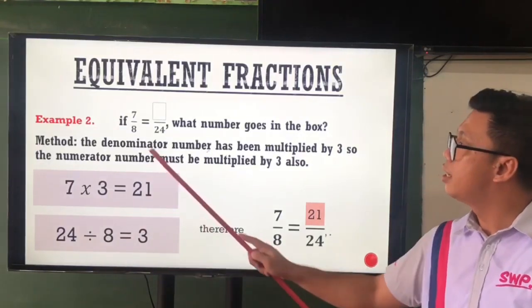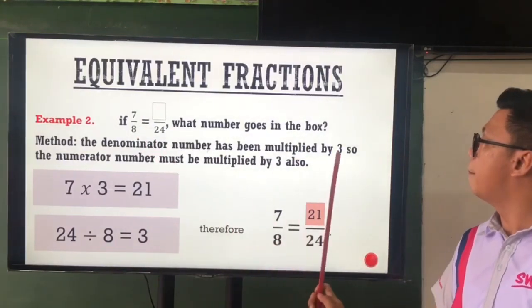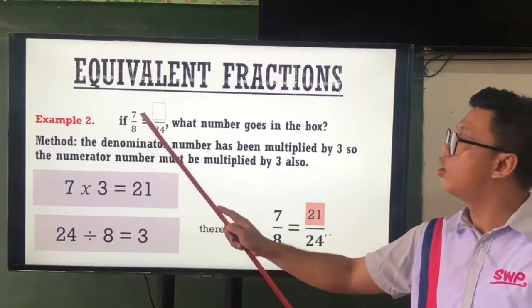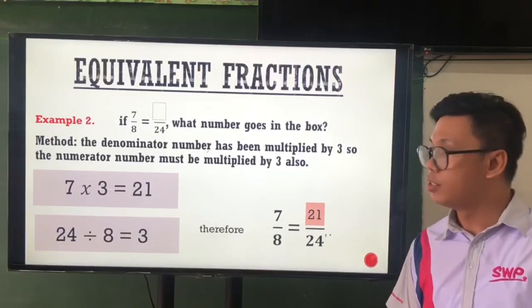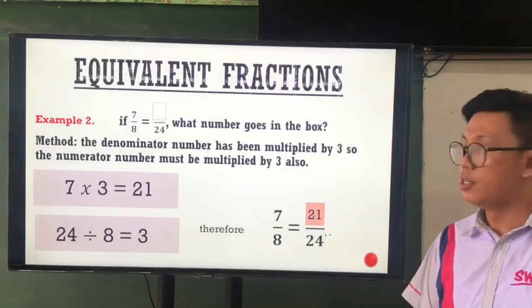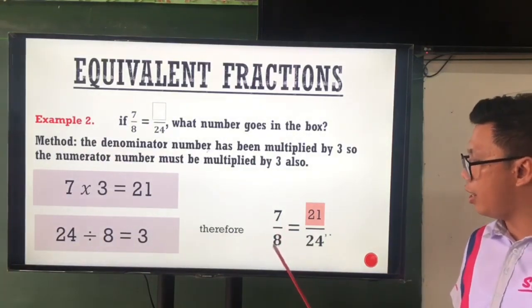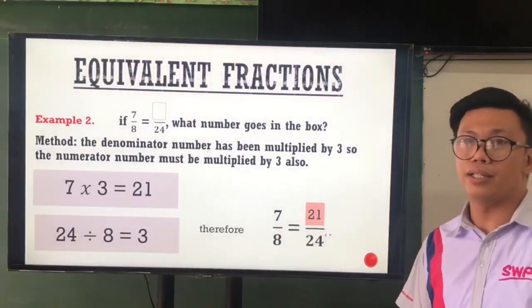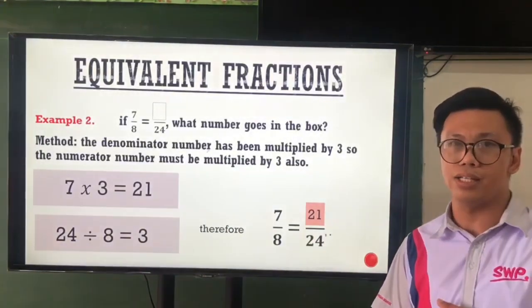So the denominator 8 is multiplied by 3, and it's the same for 7, so you multiply by 3 also. 7 times 3 is 21. Therefore, 7 over 8 equals 21 over 24. That's how you get the equivalent fraction using multiplication.